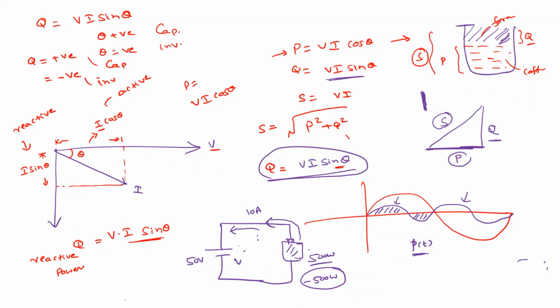So reactive power will be positive or negative depending on the power factor angle theta. When the power factor angle is positive, that is for capacitive loads, Q is positive. Otherwise, Q is negative.